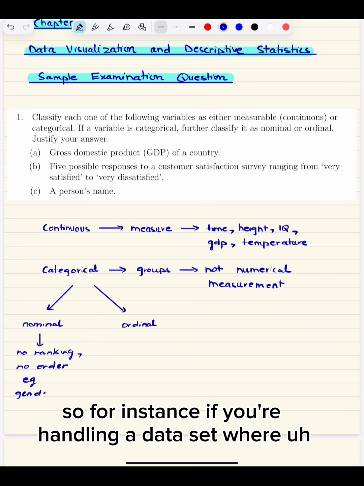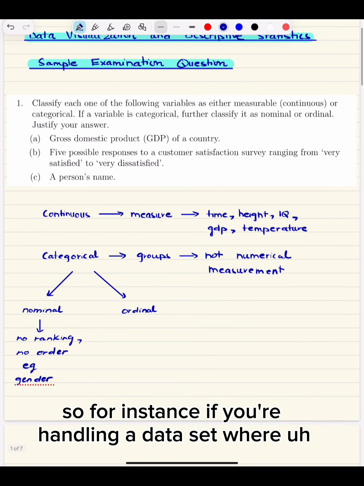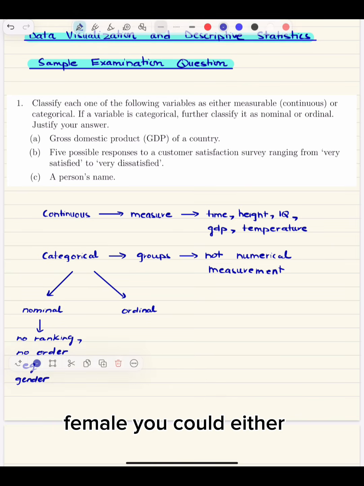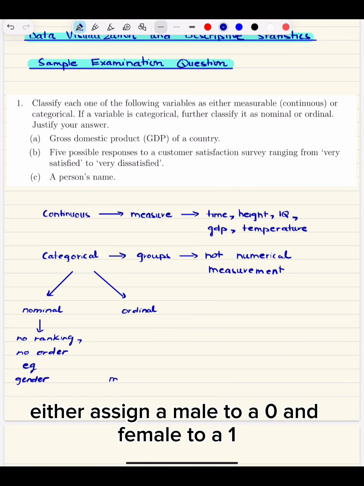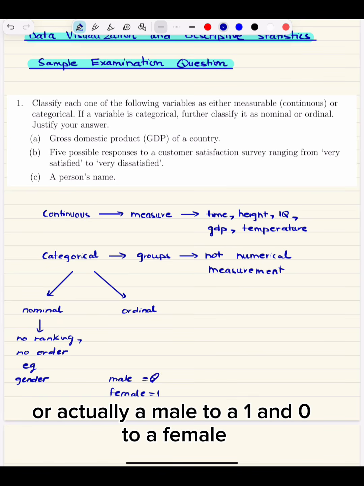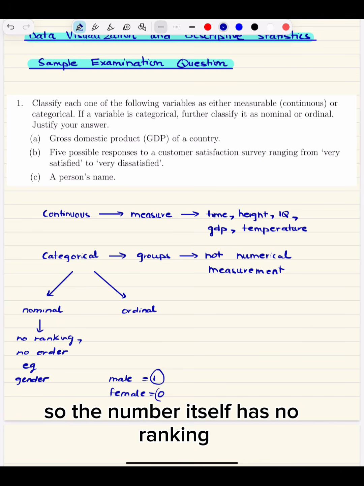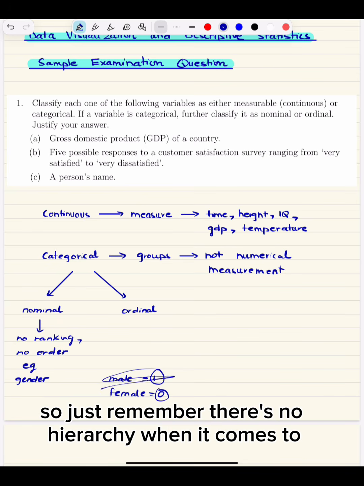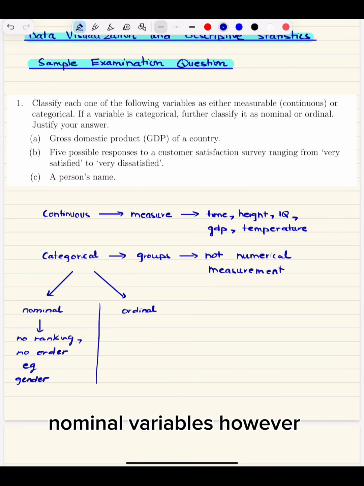For instance, if you're handling a data set where there are two options given for gender, male and female, you could either assign male a 0 and female a 1, or male a 1 and 0 to a female. So the number itself has no ranking, no order. Just remember there's no hierarchy when it comes to nominal variables.